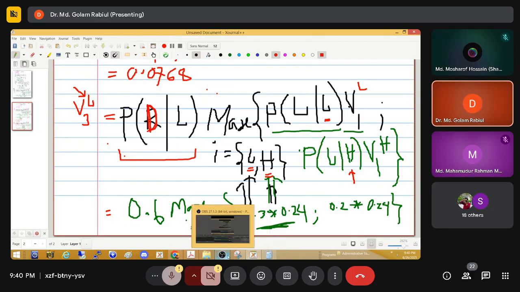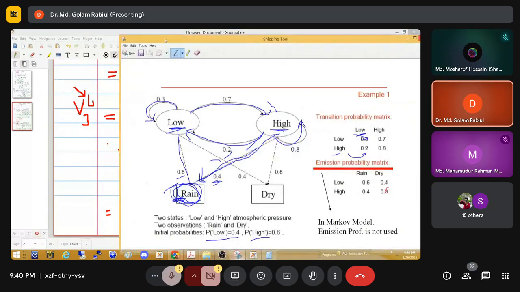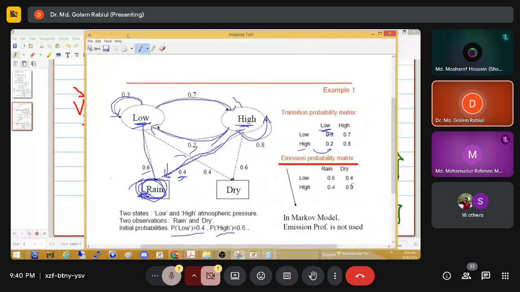And for that, this probability, we want to find out the value from our model. There is probability of D dry given low. So this is the probability of dry given low atmospheric pressure. So this is 0.4.